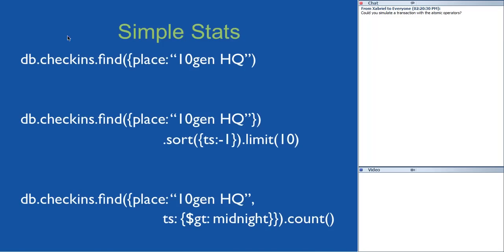What that's saying is, bring me back all the check-ins at the 10gen headquarters, sort it by most recent first, and give me only 10. Finally there, we can say, okay, with timestamp of greater than midnight count, give me a count of all the check-ins that happened after midnight, i.e. today.